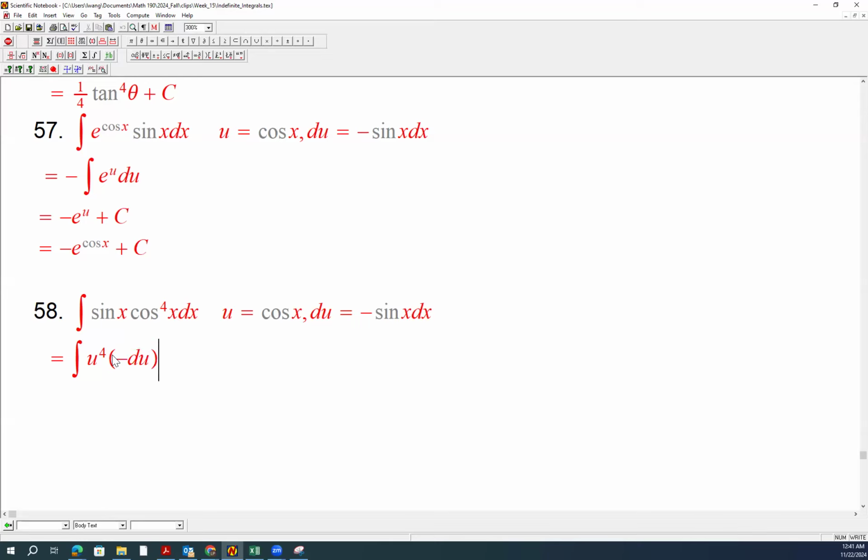The antiderivative is negative 1/5 u raised to the power of 5 plus a constant.